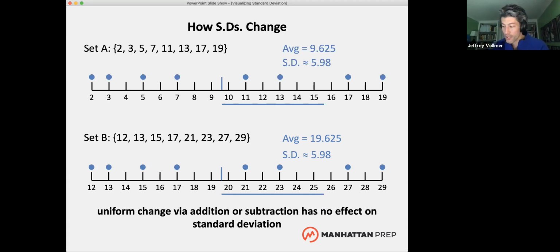It has no effect on standard deviation. Just think of it as sliding the points on the number line. Their relationships to themselves don't change, and that's what standard deviation is about. It's how the values relate to themselves, not their specific position on a number line.